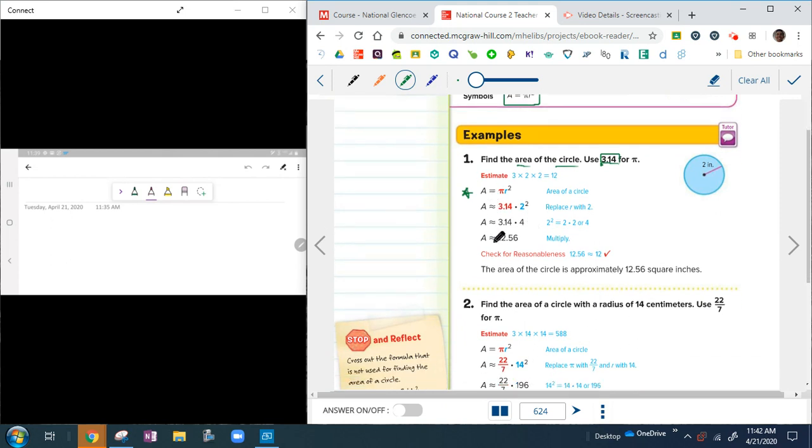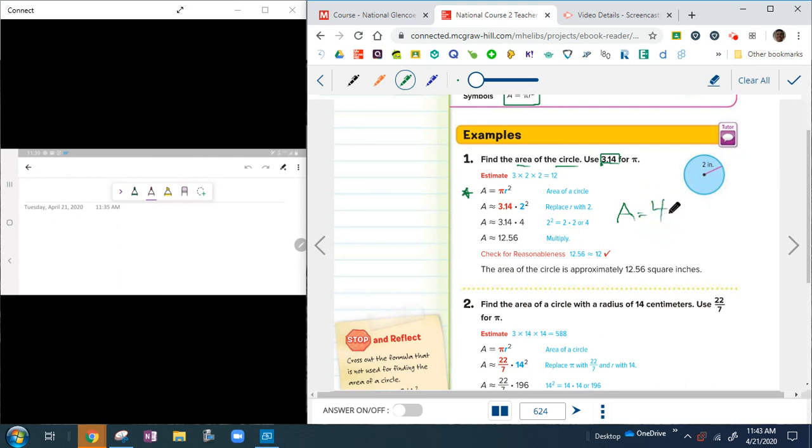And why did we have to change to this symbol instead of an equal sign? Because we used an approximation for pi, right? We didn't use an exact number for pi, which you can't unless you actually leave the pi symbol in there. Like this, you could write area equals, all right, and you could square the 2 and get 4.